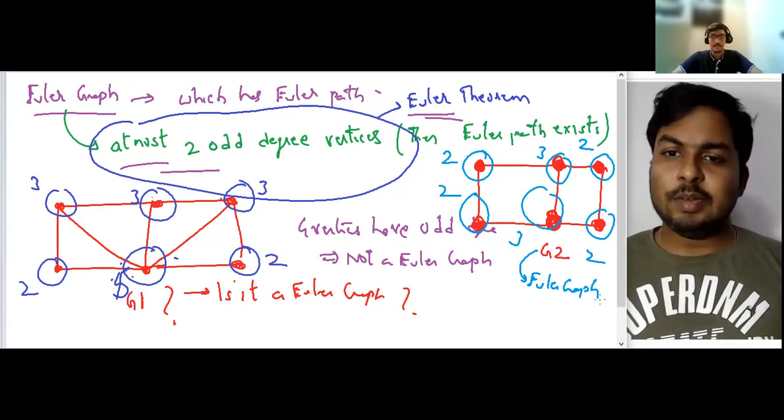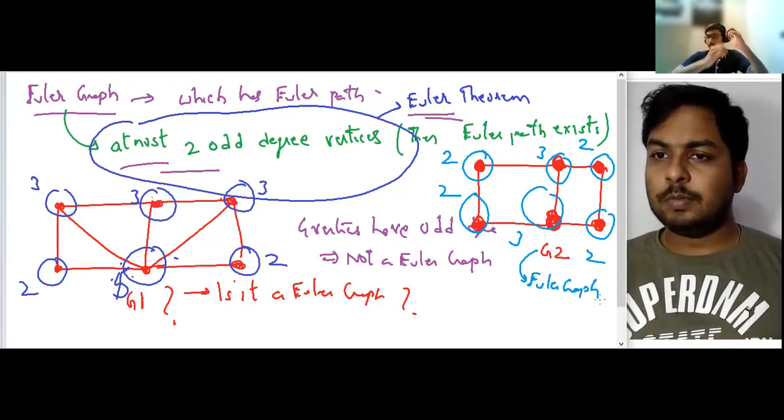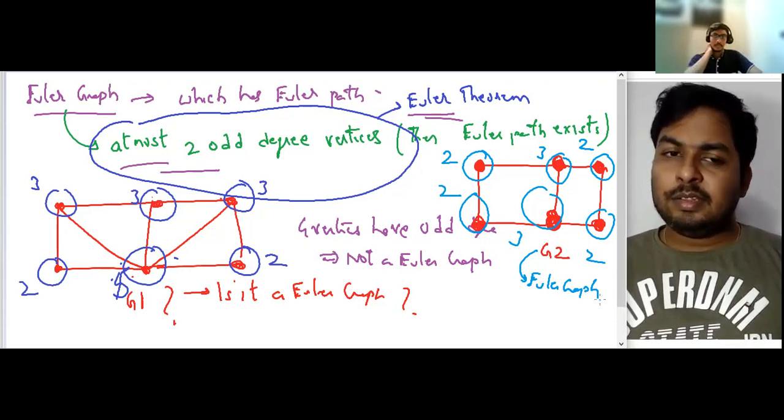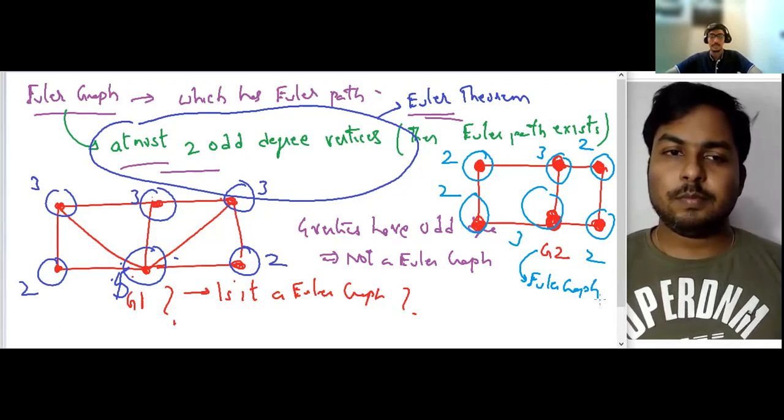If it is an online exam, you have to say yes or no. And sometimes they can ask you to draw the Euler path for this graph, so then you can draw it.